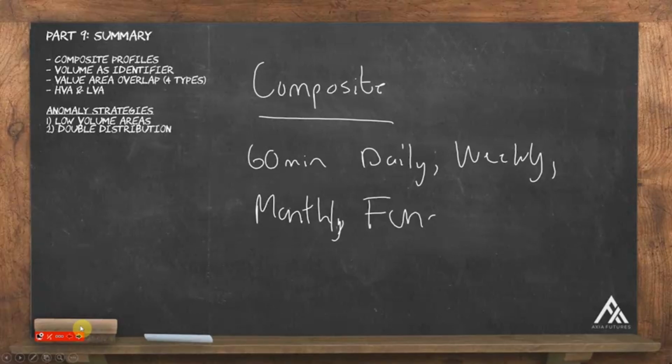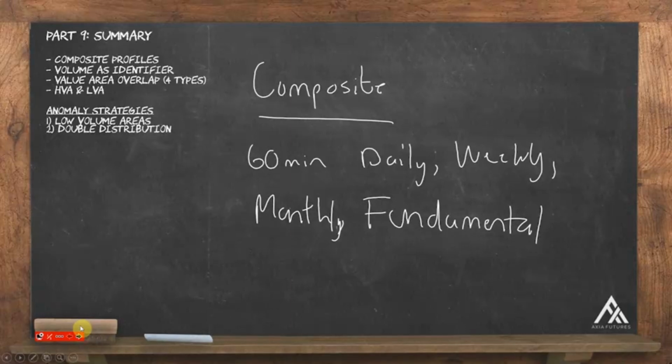And we said that the reason we create these composite profiles is so that we can extract various types of information out of the auction process. Don't forget, a composite profile is nothing more than a graphic depiction over a varying time of what is physically taking place between buyers and sellers.